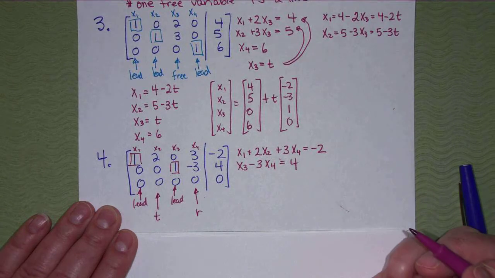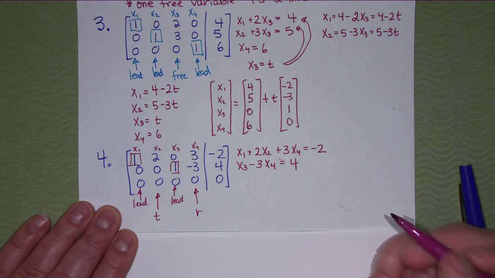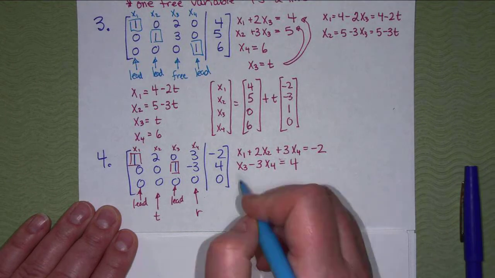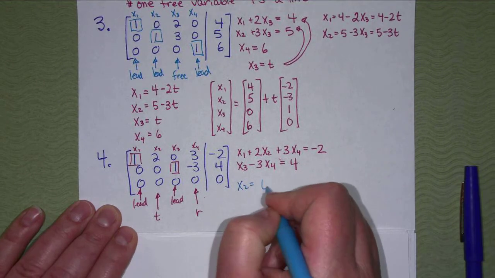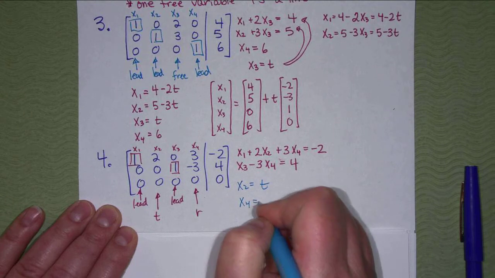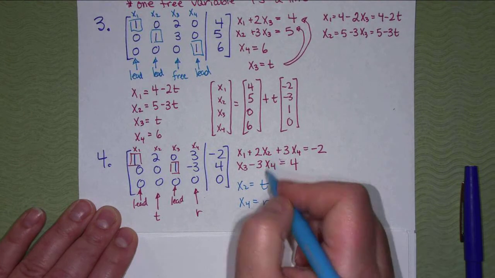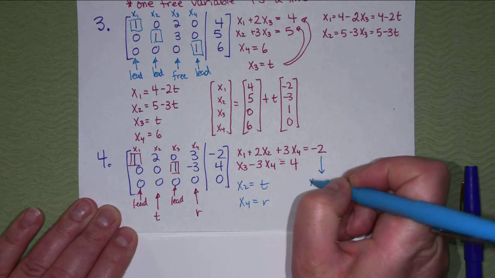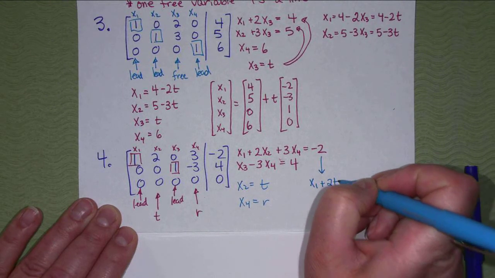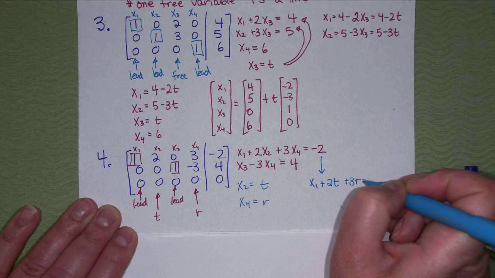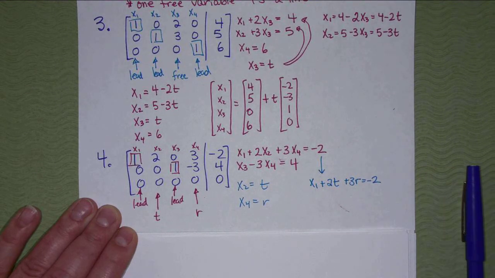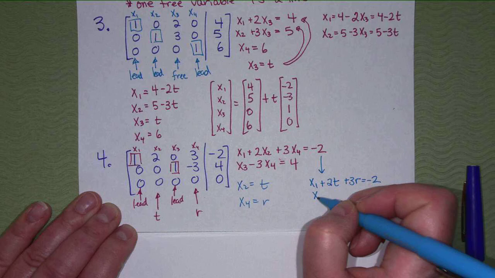So remember that x2 we're going to call t, and x4 we're going to call r. So we would put the t's and r's in here. So this first equation will give me x1 plus 2t plus 3r equals negative 2. And you solve it for x1. So what would x1 equal? Minus 2 minus 2t minus 3r.